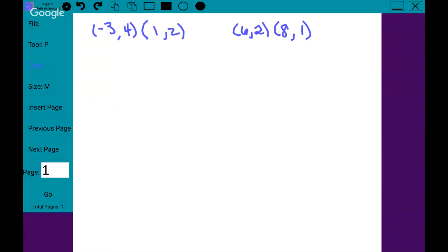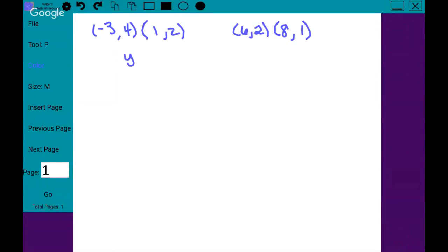So to figure out if they're parallel, perpendicular, or neither, you have to find out the slope. So what is the formula for slope? Yep.